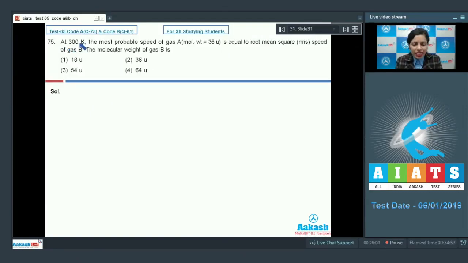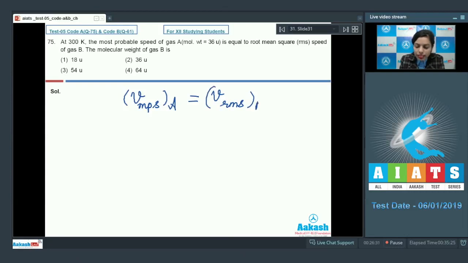Question number 75. At 300 Kelvin, the most probable speed of gas A, molecular weight 36 U, is equal to the root mean square (RMS) speed of gas B. The molecular weight of gas B is? Here, the most probable speed of gas A is equal to the root mean square speed of gas B. The two things are equal.